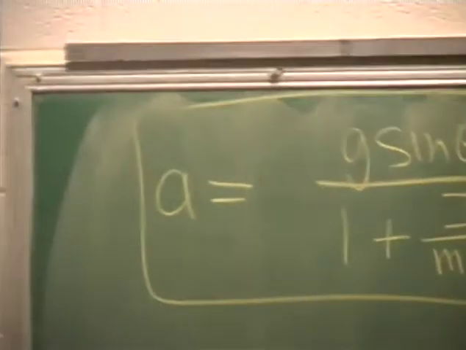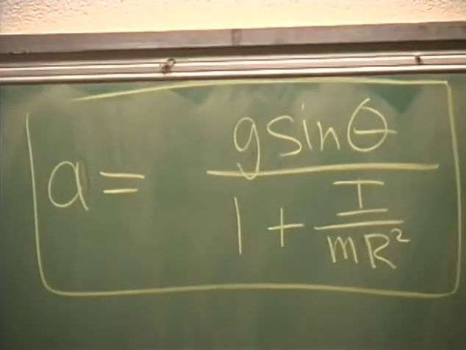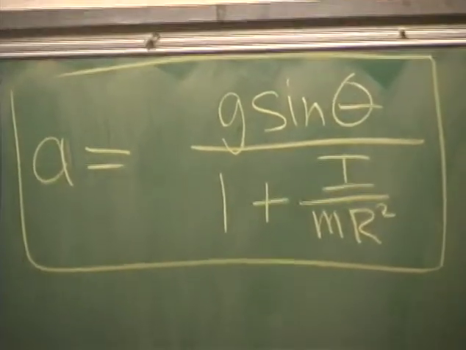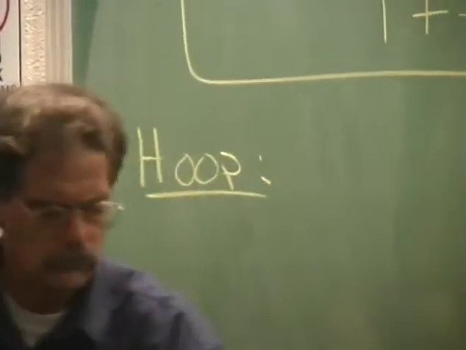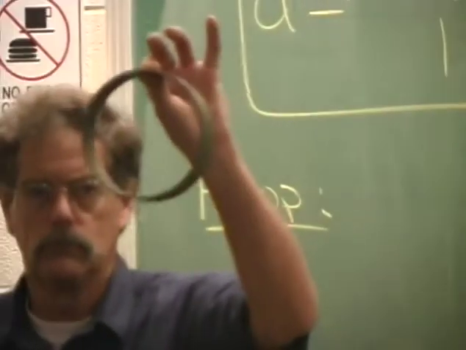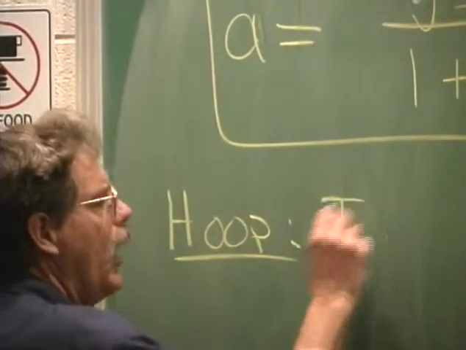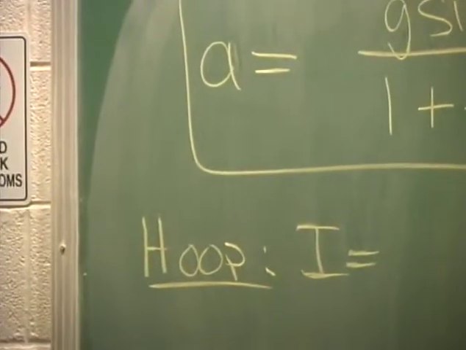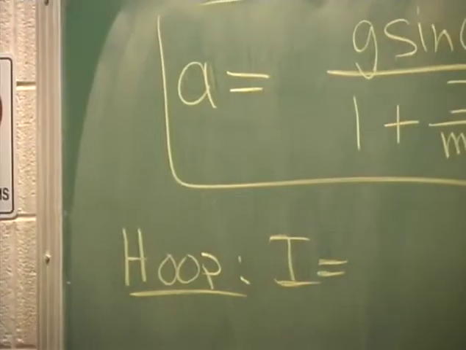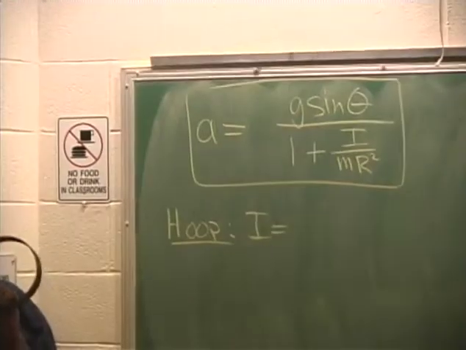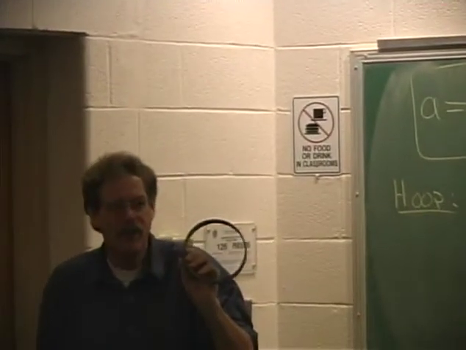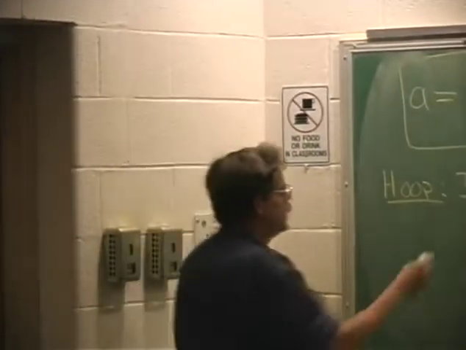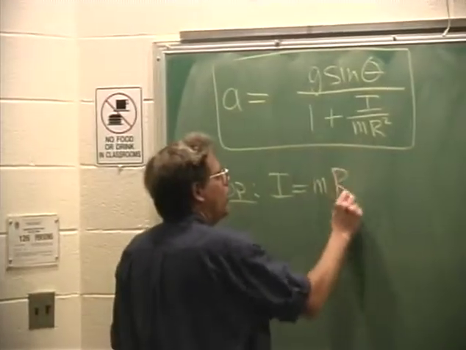Let's do some examples. What are moments of inertia that we know about? I equals, you tell me, for a hoop. You should always hope for mr squared, because all of it's on a radius r. Mr squared.